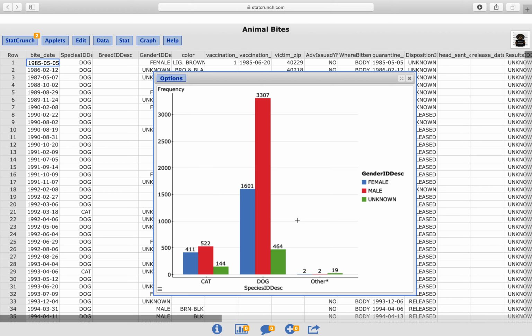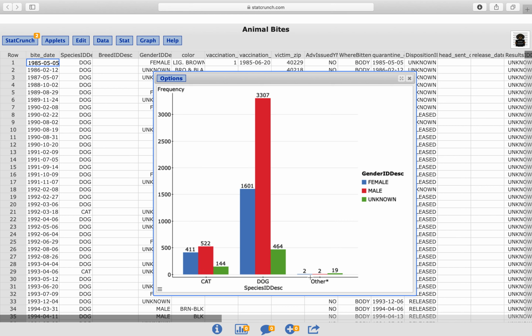If you're in Louisville and you're picking a dog, you may want to choose the female dog instead of the male dog. Also, if you had a cat, it's a little more for the males, but there's not as big of a difference.